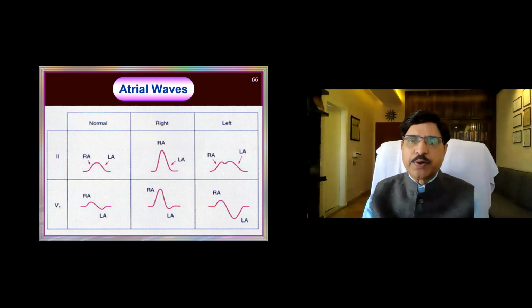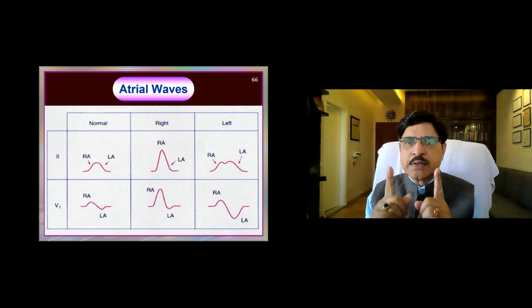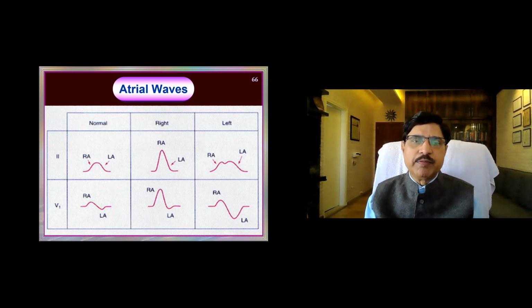The first component is the right atrial component and the depressed component is the left atrial component. This is not very pronounced, just a little biphasic. Again, the duration is 0.12 seconds. The height is not more than 3 small squares or 0.3 millivolts. So this is the normal P wave.